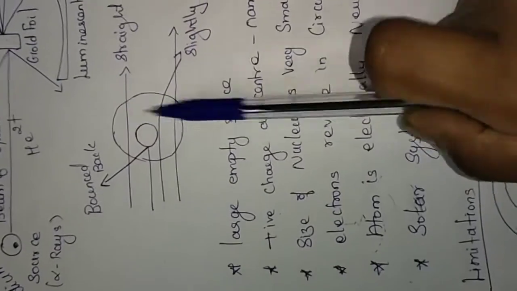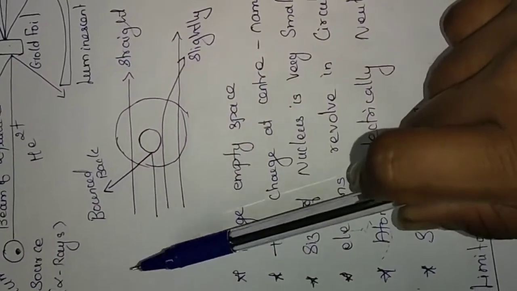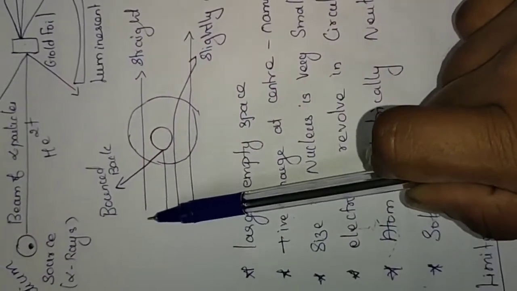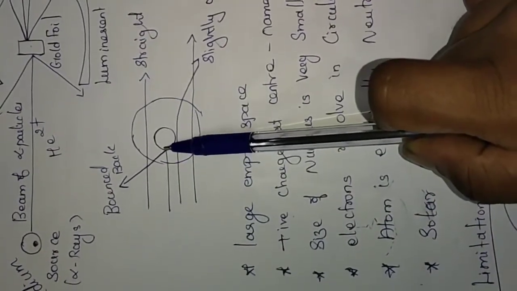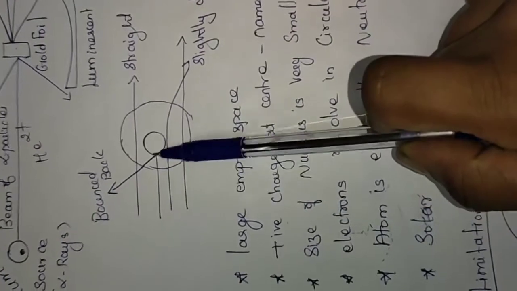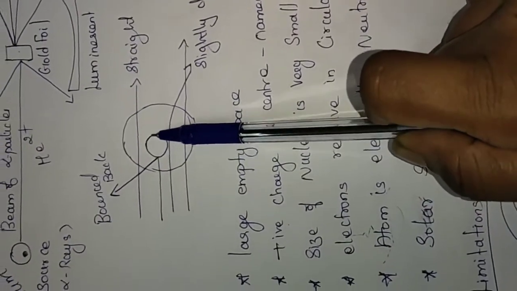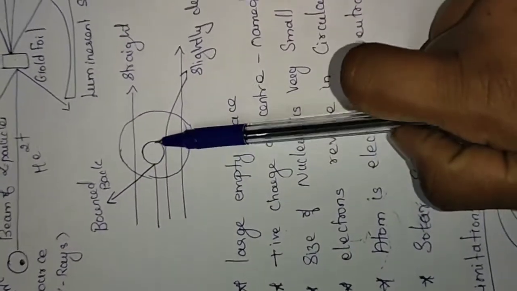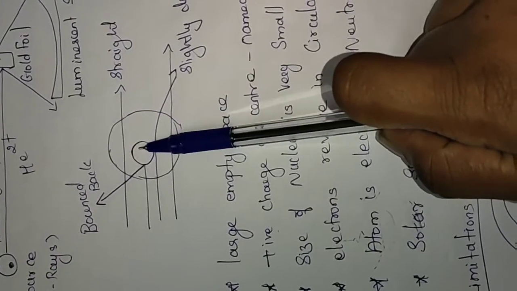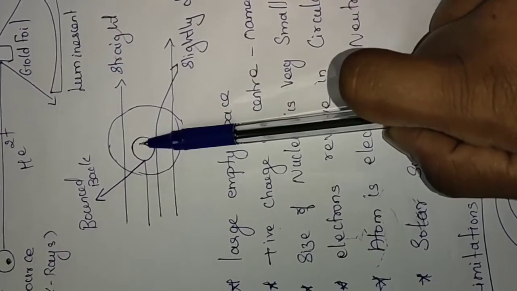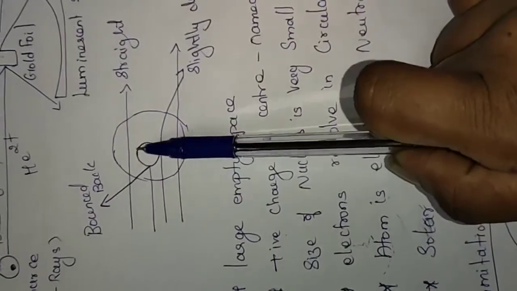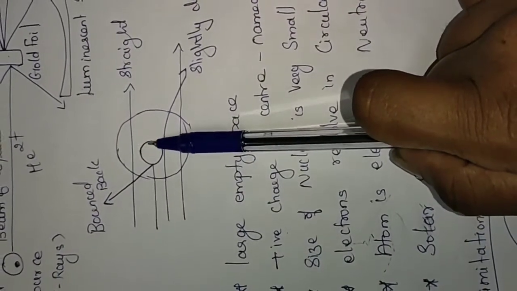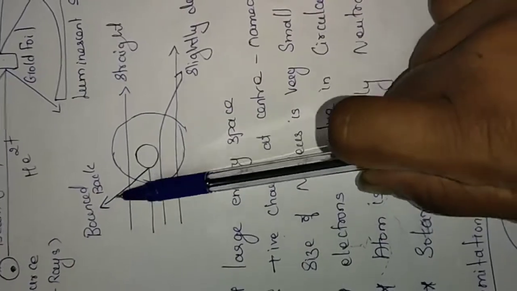From this he concluded that since these alpha rays are positive ions, the rays which hit the center of the atom only get bounced. So at the center, what may be present? Heavy positive charge. We know positive causes repulsion. Due to the heavy positive charge, the rays get bounced back.